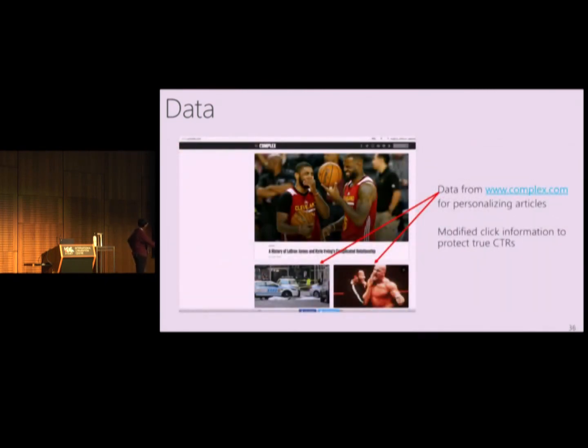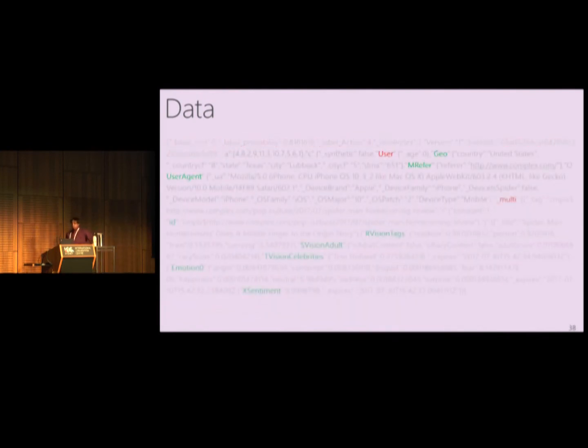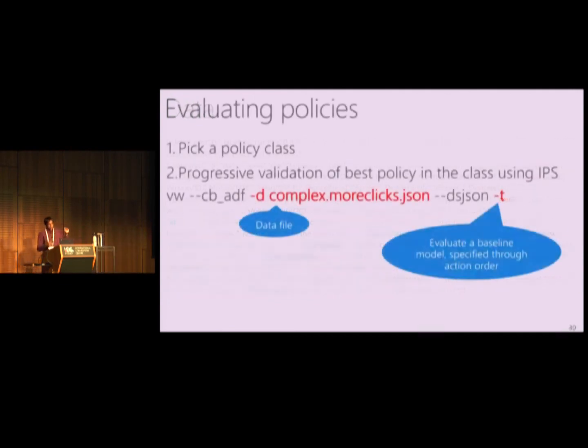Actions have these images associated with them. So some of the features have to do with maybe what are the objects I see in the image. Maybe I recognize some celebrities in the image or in the article. Maybe I can do some basic emotion and sentiment analysis on the article and so on. So that's what the features look like.